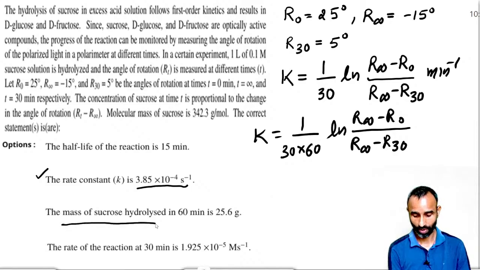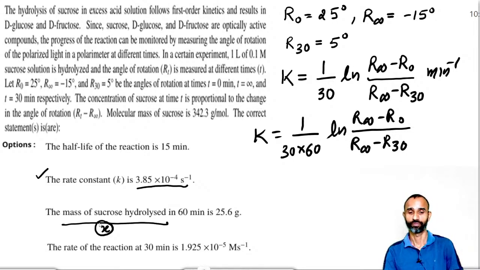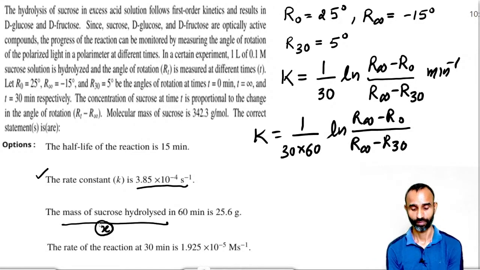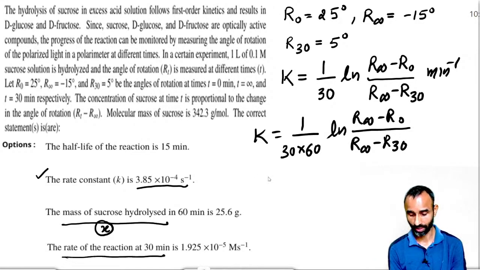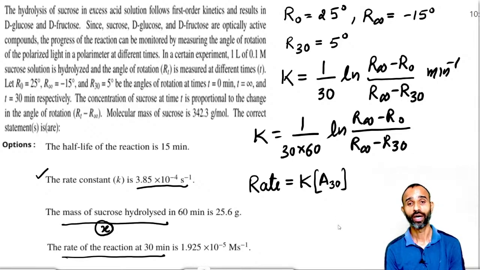And the mass of sucrose hydrolyzed, that is x actually. Then the rate of the reaction after 30 minutes is equal to K into the concentration of sucrose after 30 minutes.